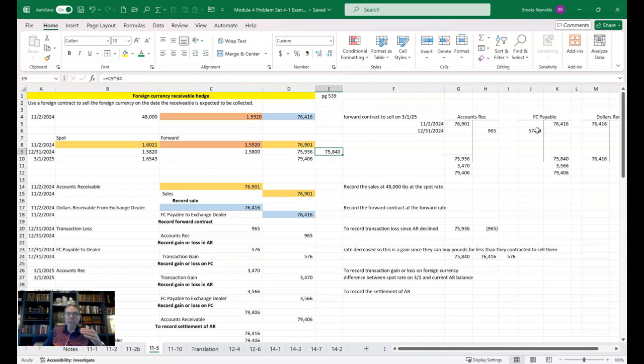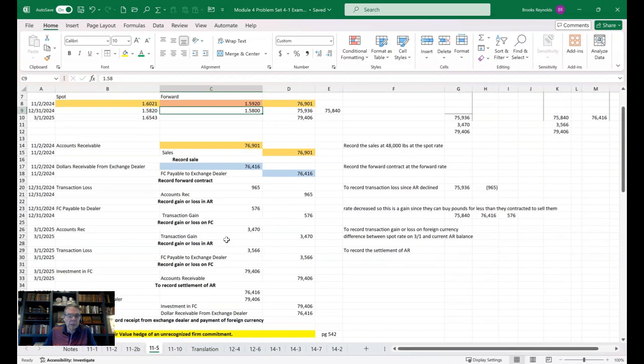So when the receivable is less, the other side of the entry is a transaction loss. When a payable is less, the other side of the transaction is a gain. And again, these are different because the accounts receivable is tied to the spot rate and the payable to the dealer is tied to the forward rate. So at this point, the forward rate is 1.58. That's where we get the 75,840. Okay, so that's what's due at the end of the balance sheet date.